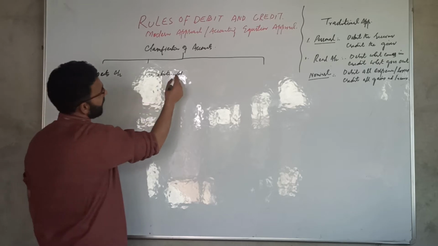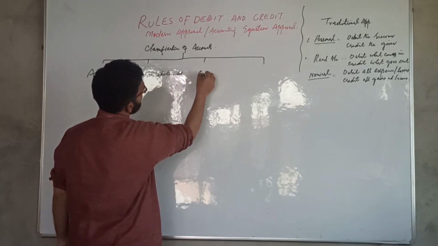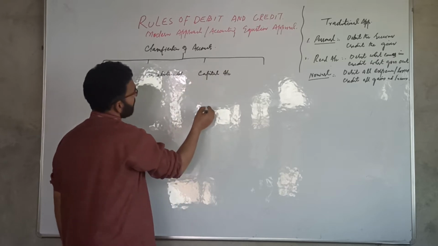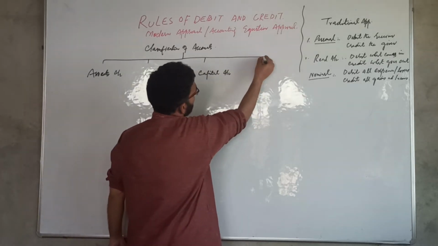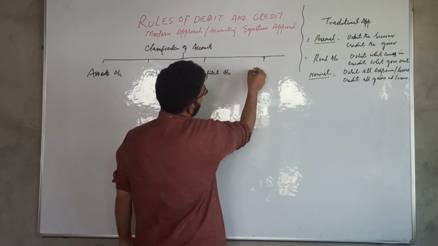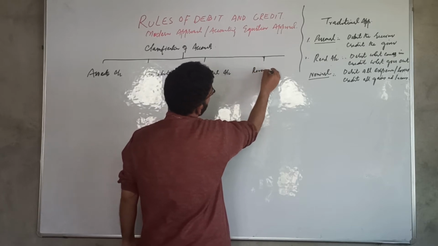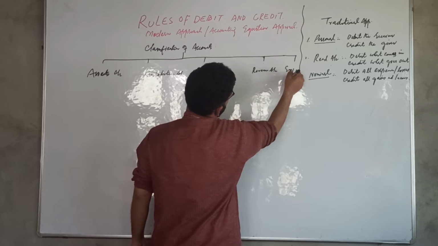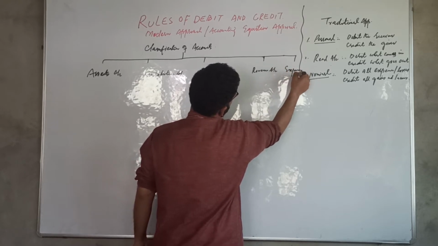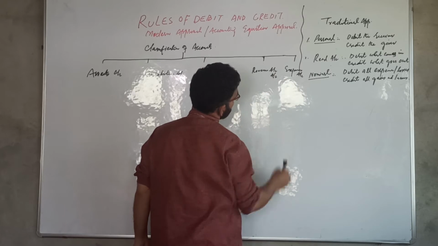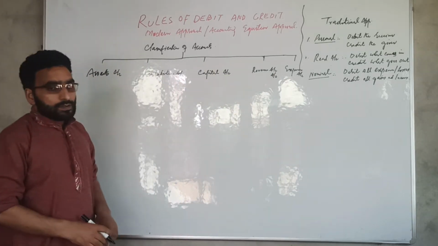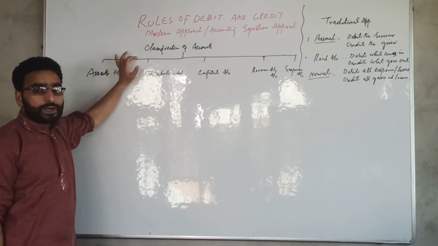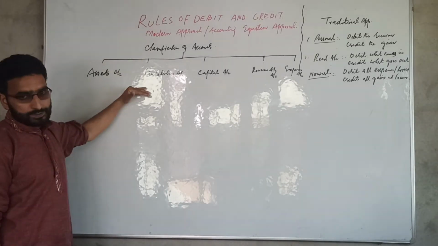Assets account, liabilities account, capital account, revenue account, and the last one, expenses account. As per the modern approach, all the accounts are divided into these 5 heads.